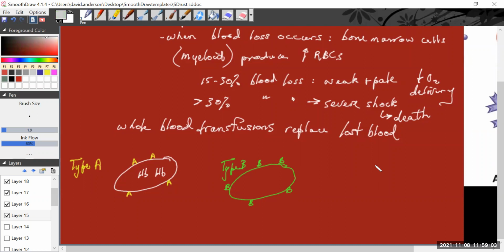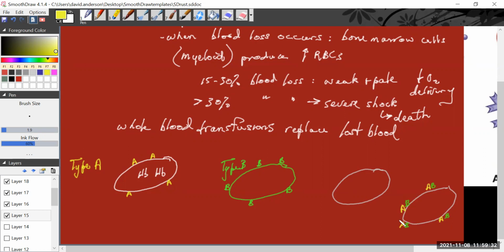And then we have another cell type that has no markers on it, and a fourth cell type that has both on it.